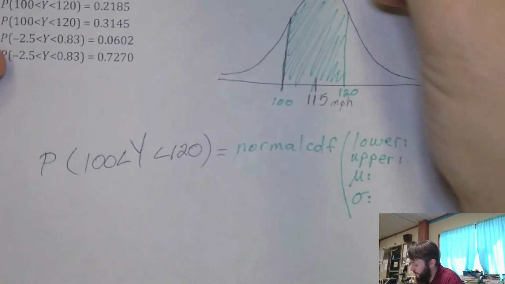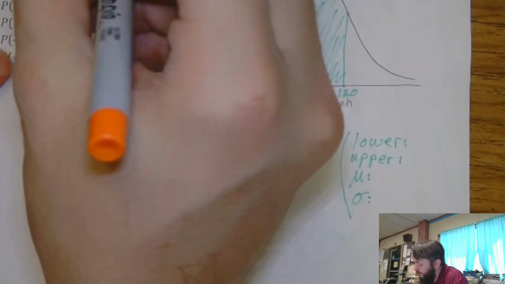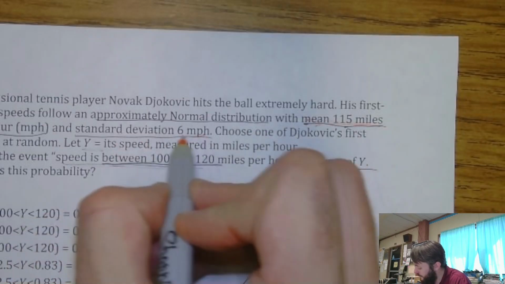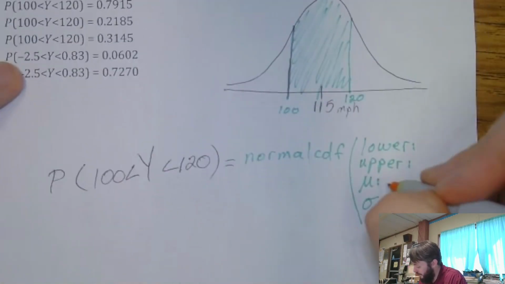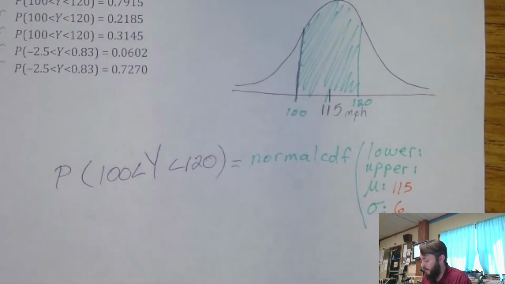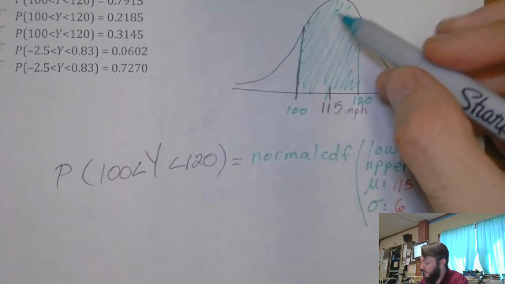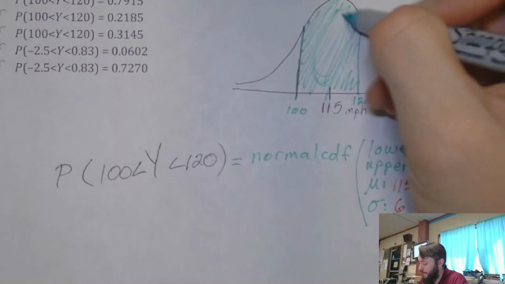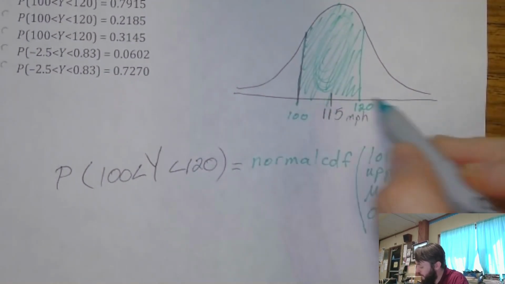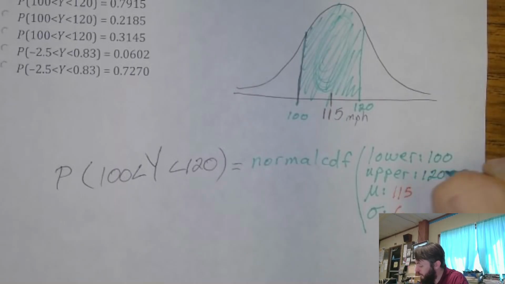The mean and standard deviation we were already given, right? The 115 and the 6. Our lower limit is the limit on the left of the region we are trying to find, so the left of this probability is 100. The right of this probability is 120.